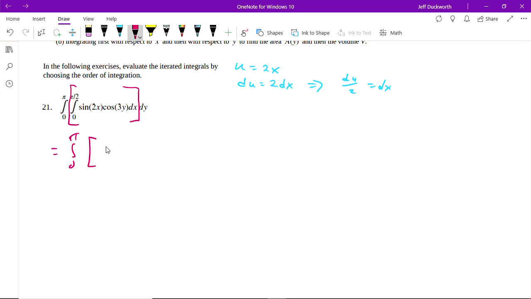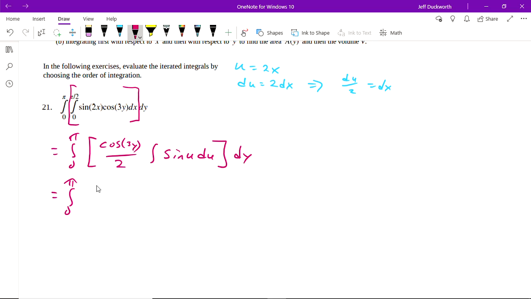So I'm going to pull out the cosine 3y. And we have the 1/2, so we'll put the 2 there. And this is going to be sine of u. All right, so again, the integral of sine of u is negative cosine.